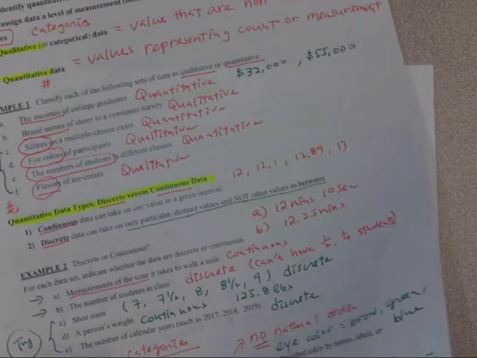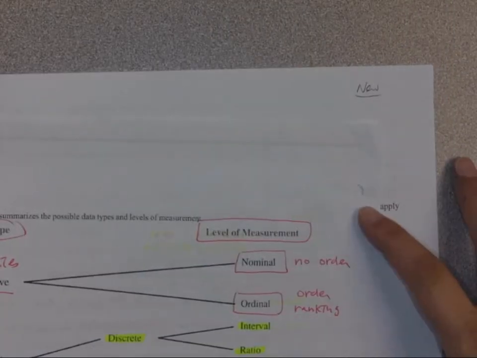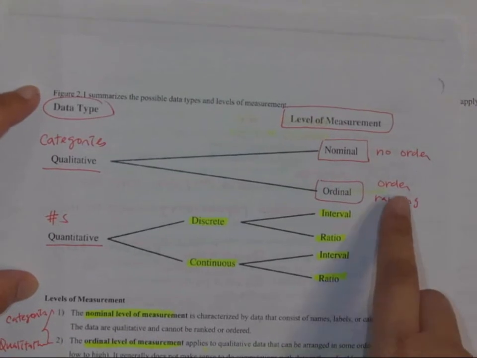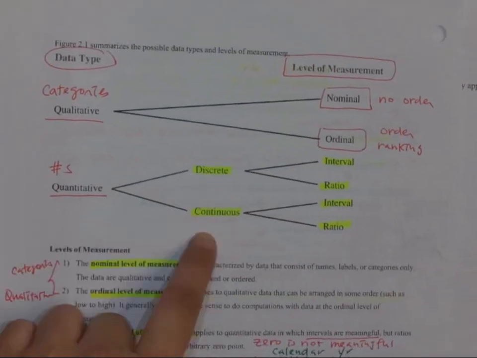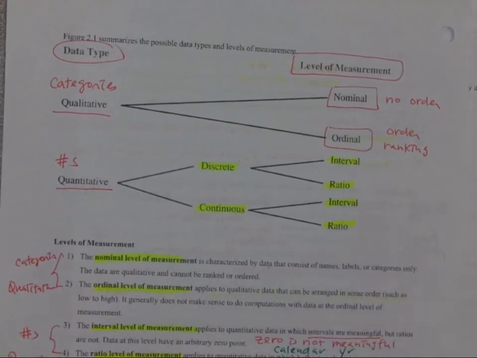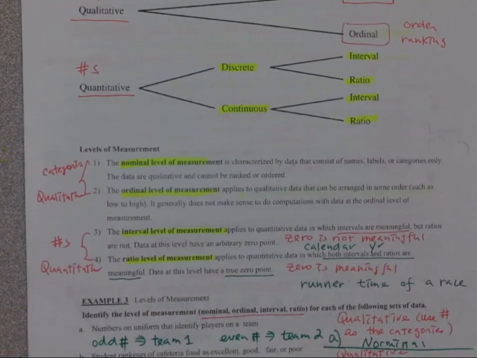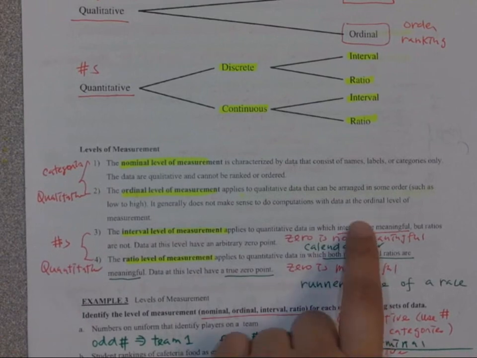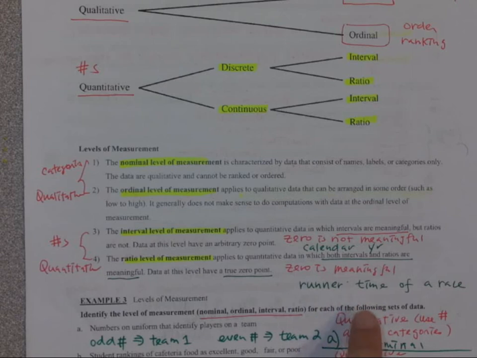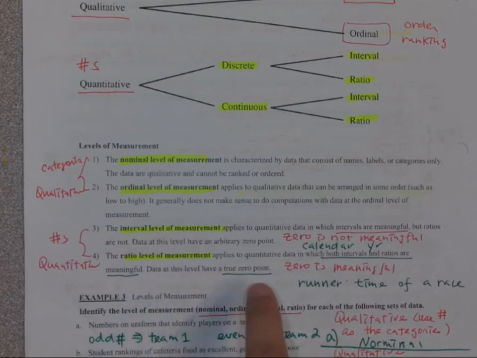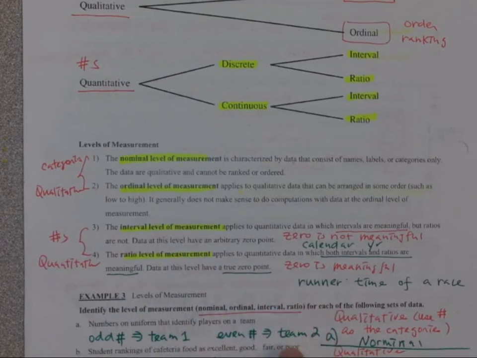All right. So they have kind of a chart here. Maybe it will help you, like nominal, no order, ordinal, order, right? And discrete and continuous. I know the interval and ratio is harder. It's mainly saying that for interval, the 0 is not meaningful, and for ratio, the 0 is meaningful, and the ratio is also meaningful.